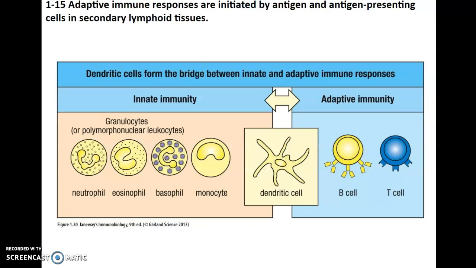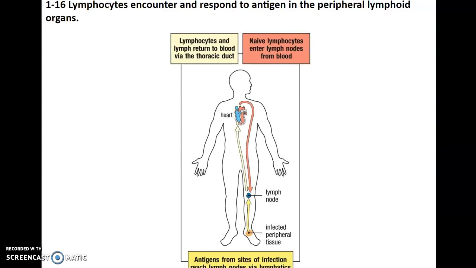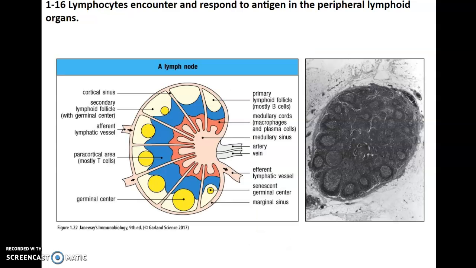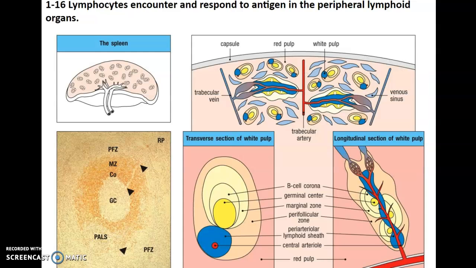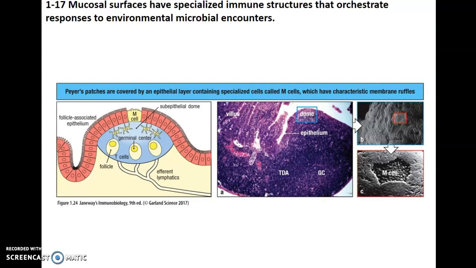We're going to talk about the bridge between the innate immune system and the adaptive immune system, specifically dendritic cells. We'll talk about that this semester. We're also going to talk about the structure of some of the lymph organs, such as the lymph nodes, the spleen, the thymus, and the Peyer's patches.